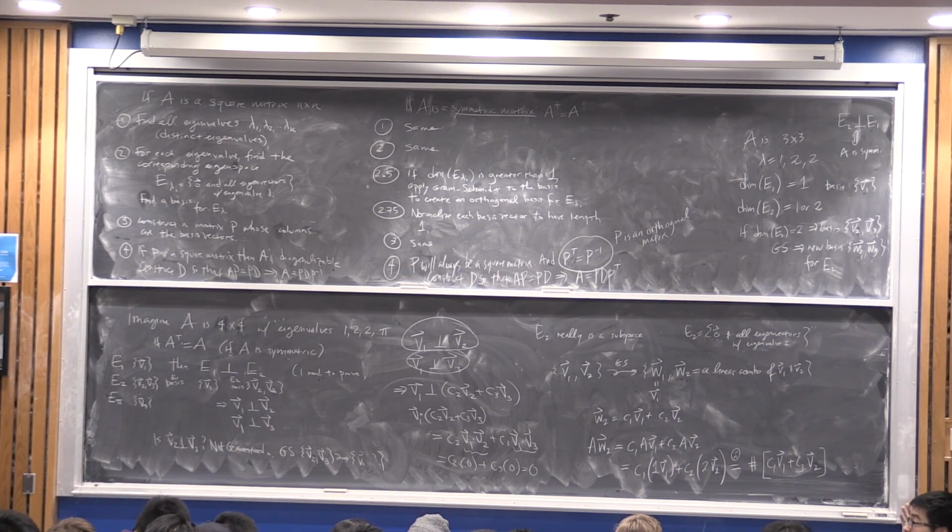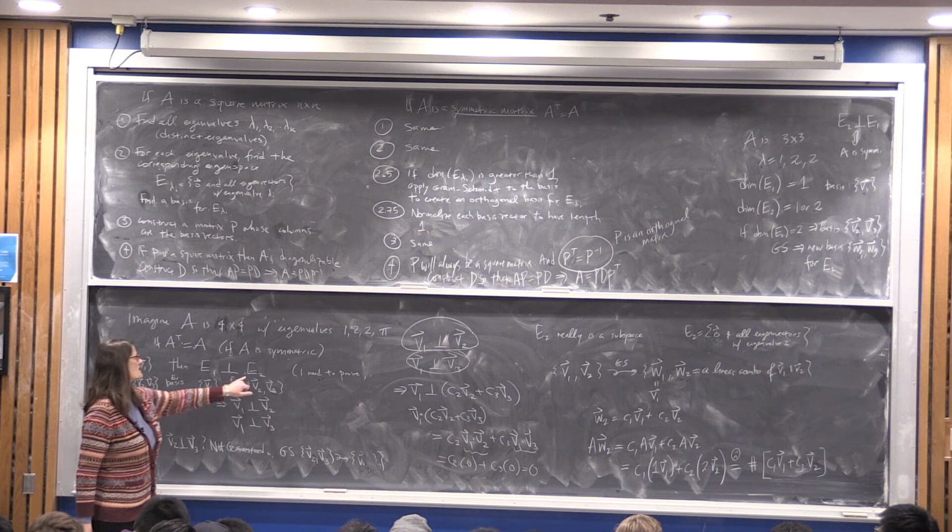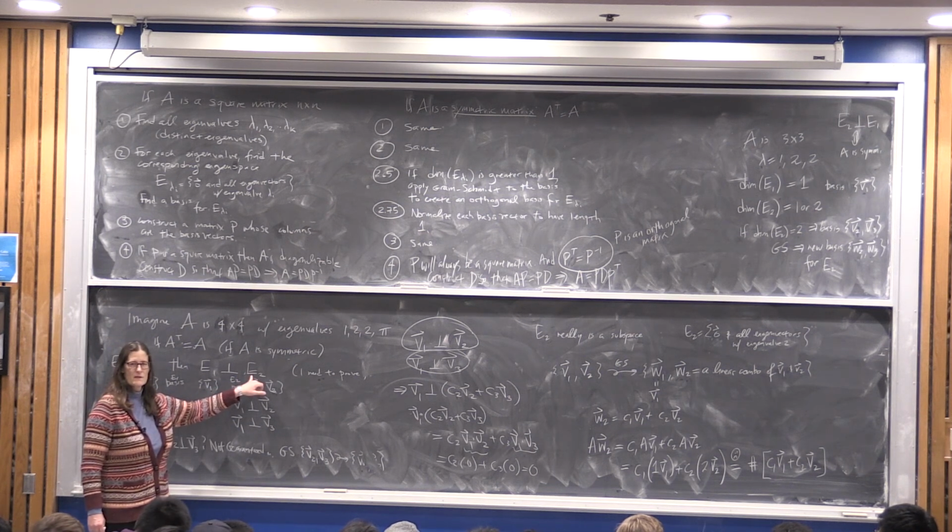Yes? For V1 and V2 on the right, are they already orthogonal? No. When I go through the process of finding the eigenspace, it's not guaranteed that they'll be automatically orthogonal.